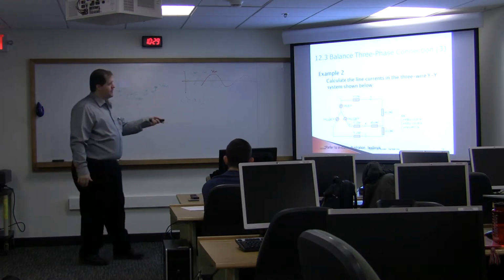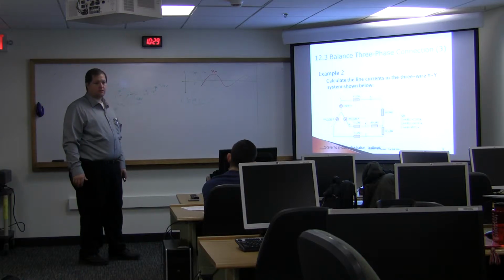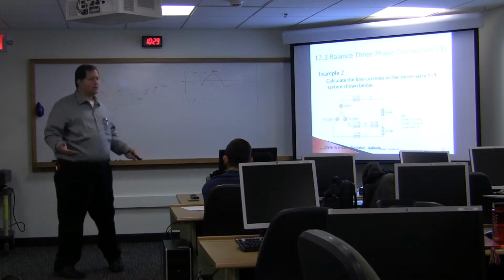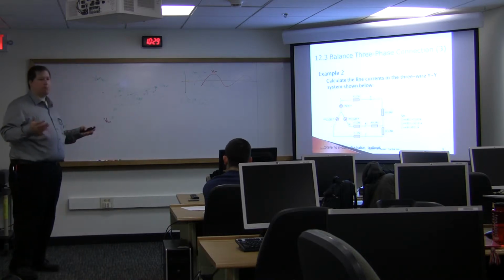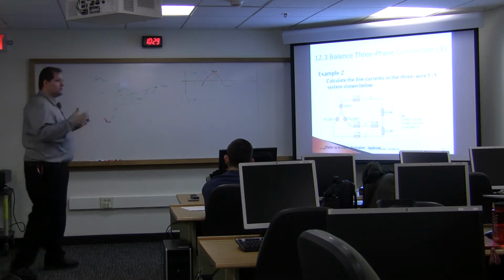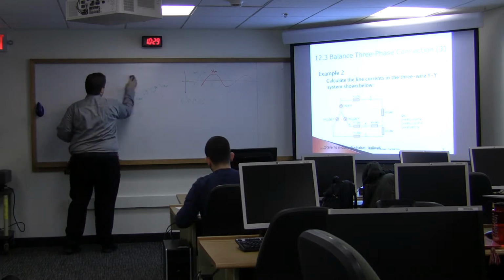Now in this case, the one challenge that I have is that the neutrals are not connected. So if I wanted to do my analysis on this circuit, I can just approach this by standard mesh analysis. Let's see where this comes from.